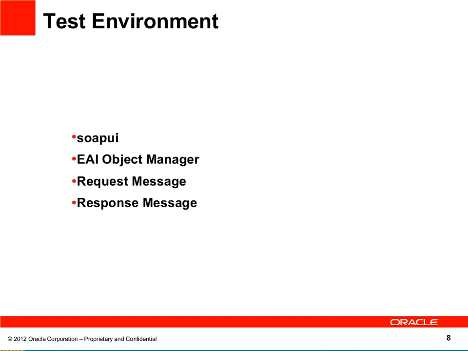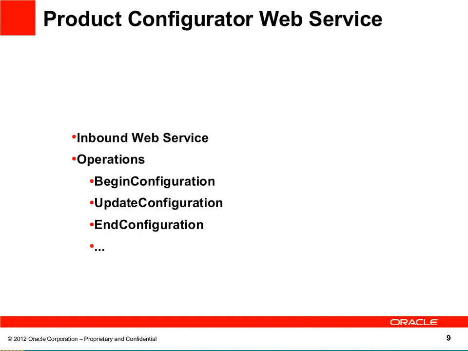We are going to use the product configurator web service. This is an inbound web service. That means it accepts requests from the outside, and it has a set of operations: a begin configuration operation, an update configuration, and an end configuration.